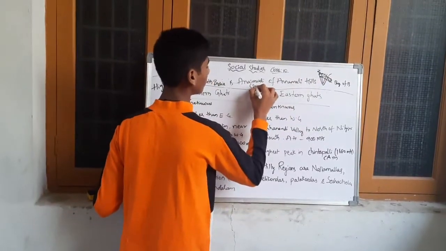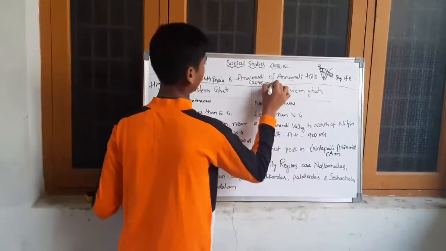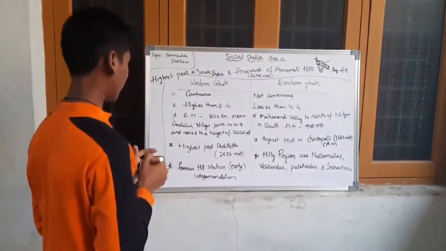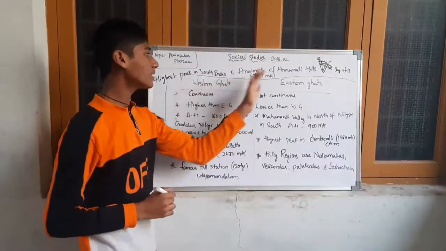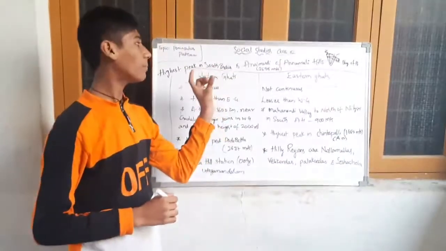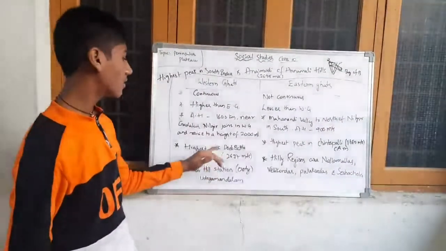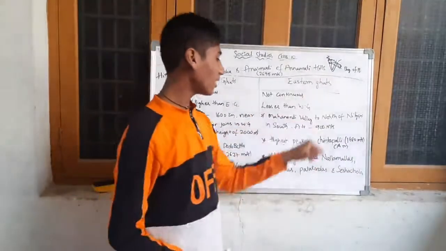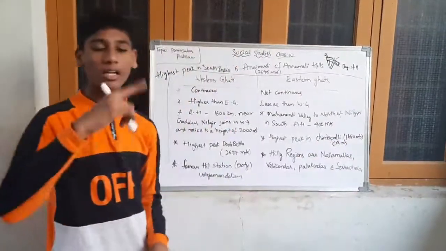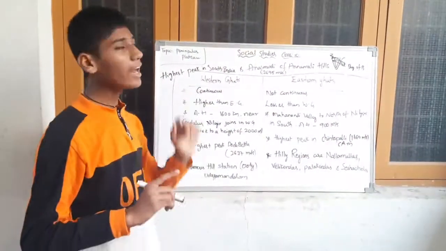It is 2695 meters. It is the highest peak in South India, Anaimudi of Annamalai Hills. In Western Ghats, Doda Betta. In Eastern Ghats, Chintapalli. In total South India, Anaimudi. Okay.